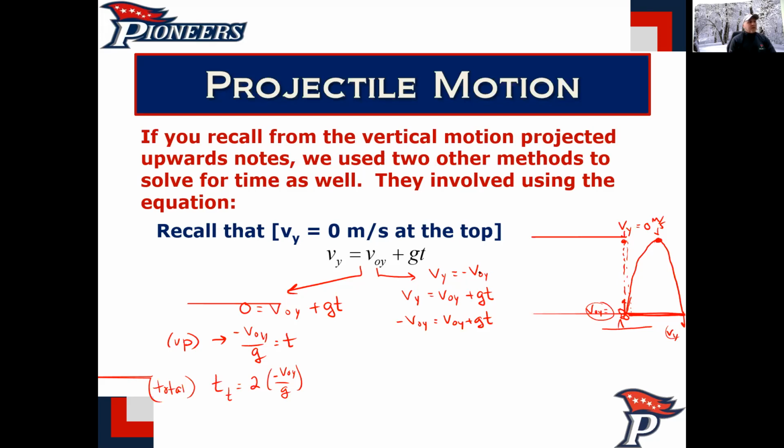So if this was 30, this is going to be negative 30. And so now by substituting in, just using letters, when I subtract this over, I'm going to get 2 Voy equals gt. Divide both sides by g.